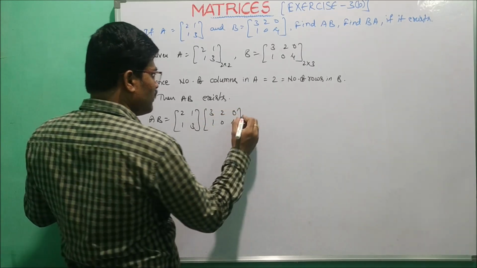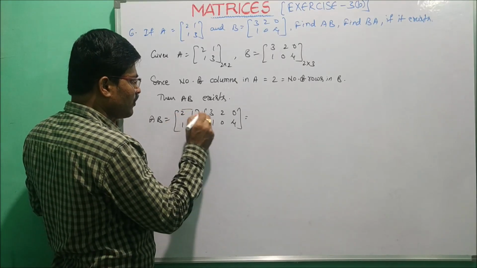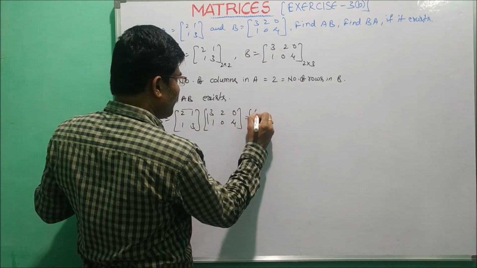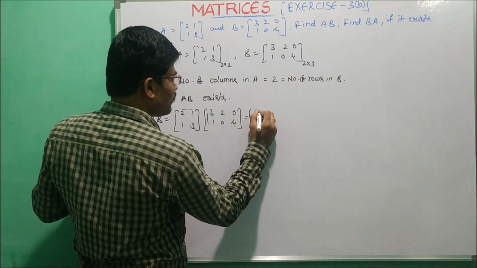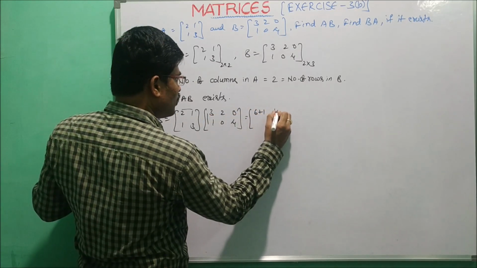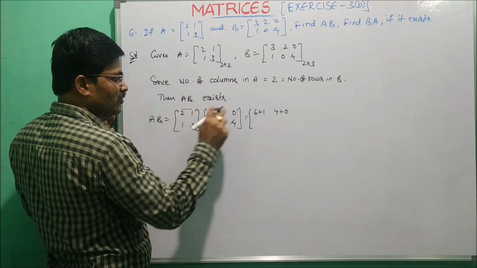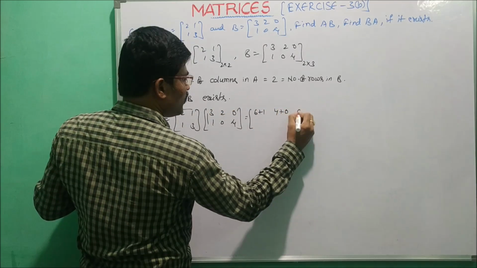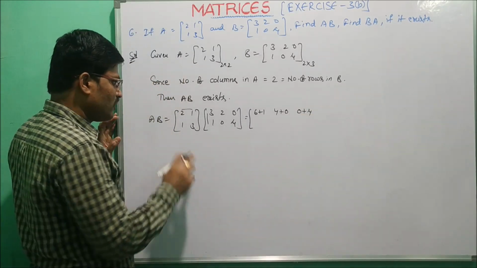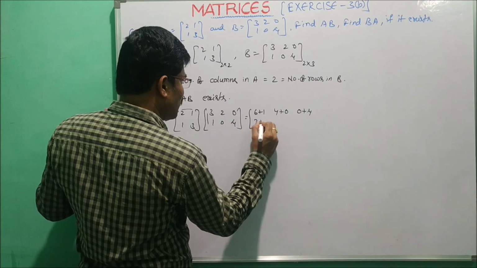Now to find the product, we take first row, first column in the second matrix: 2 into 3, 6 plus 1 into 1, 1. Similarly 2 into 2, 4 plus 1 into 0, 0. First row, third column: 2 into 0, 0, 1 into 4, 4. Next we write 1 into 3, 3 plus 3 into 1, 3.